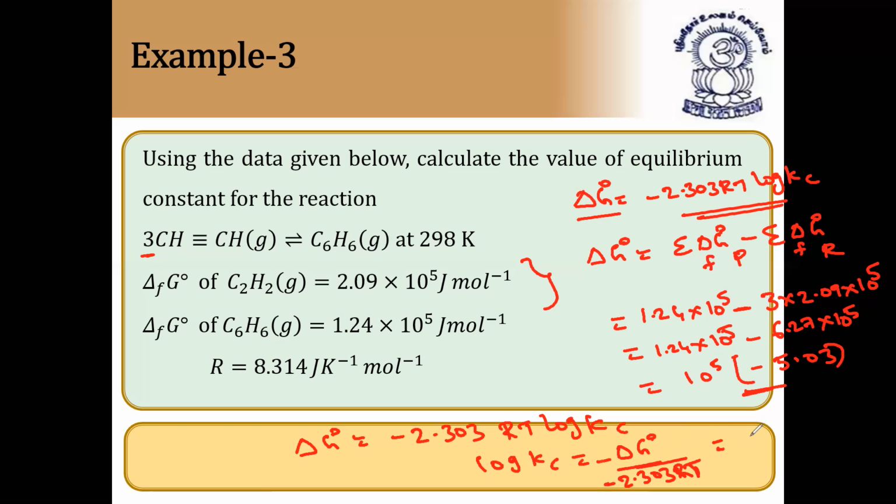So that is equal to 5.03 into 10 to the power of 5 divided by 2.303 into R value 8.314 into the temperature, 298 kelvins. If you do the substitution, you'll get the answer, that is log Kc. So Kc is equal to the antilog of that.